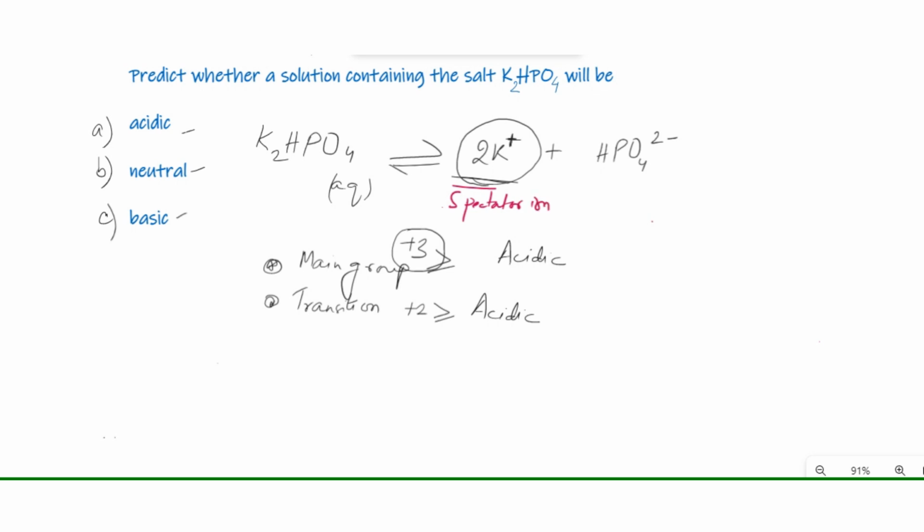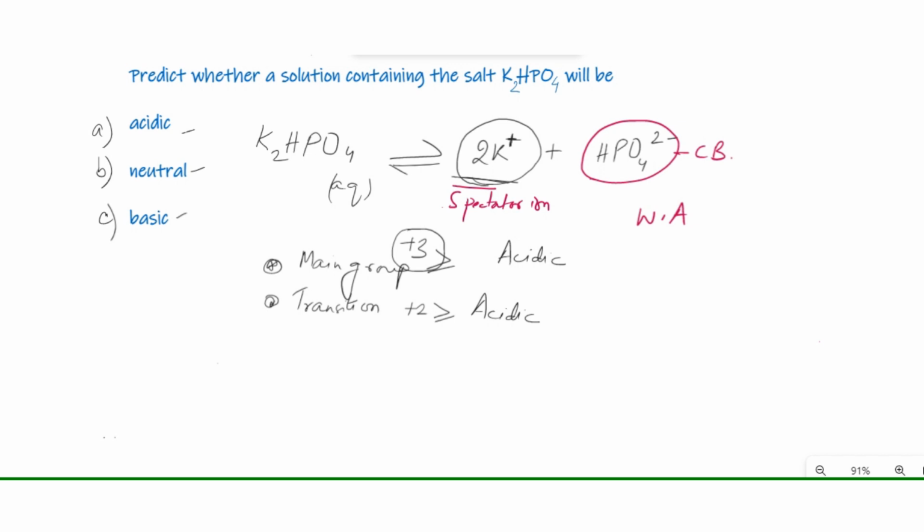Now, what about this anion over here? We've got another rule which will make it easier for us to identify such answers. If the anion which is formed is coming from a weak acid, this is a conjugate base, right?